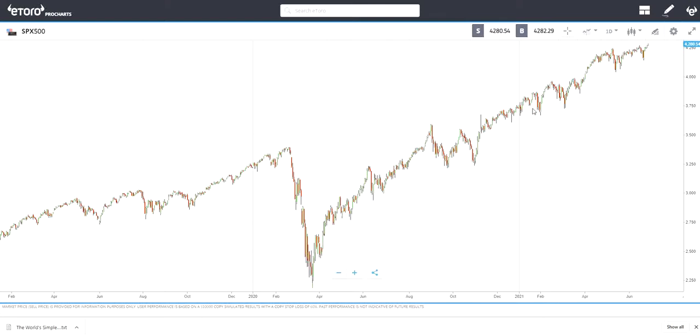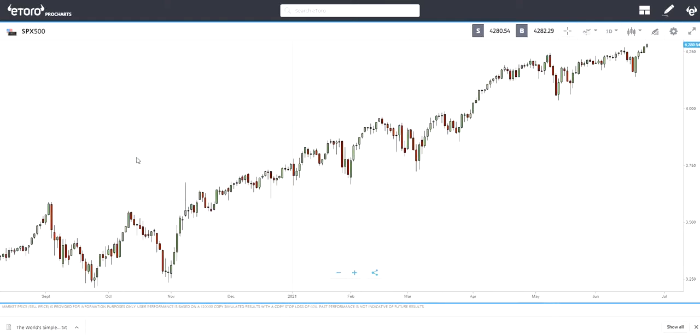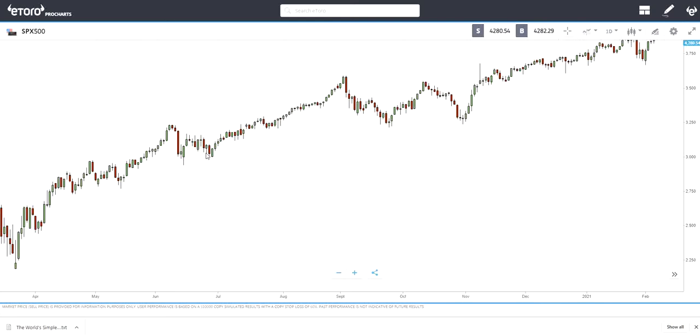But inside each wave, for example, in this one, if you zoom in on this wave, you can see again we have 1, 2, 3, 4, 5. And if you change the time frames and go to 4 hour and 1 hour, and make it smaller and smaller, you can see that pattern happens all the time.